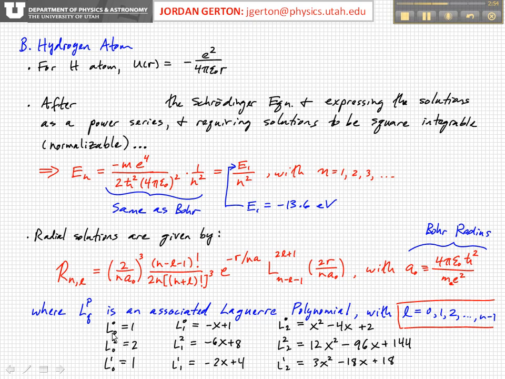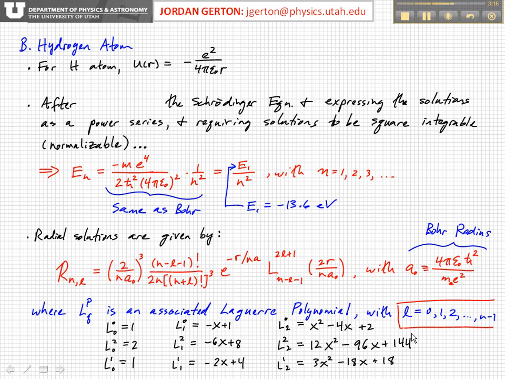Okay, so a polynomial of order 0 means that you have a constant. A polynomial of order 1 means that you have a power of x to the first power, and then the L sub 2's have x to the second power.